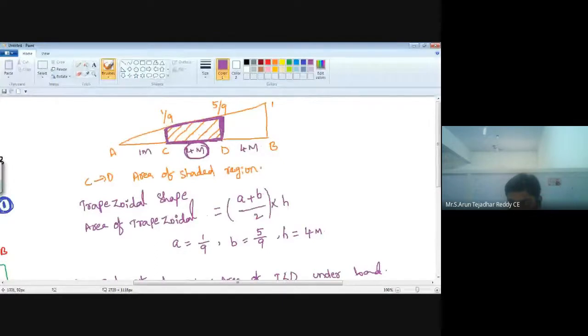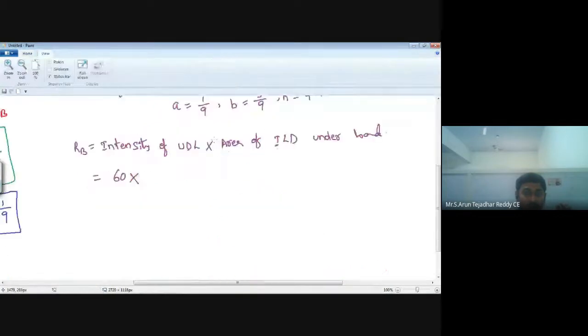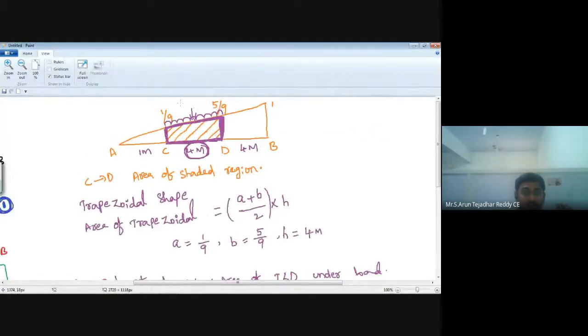So this is our area of ILD under the load. See, in this place only we have a load. So this area is under the load only. Whatever the load here we are having, 60 kilonewton per meter, and this total area is under the load only.